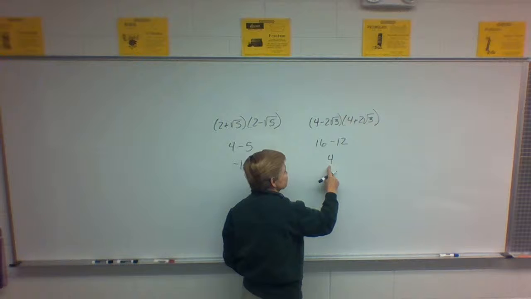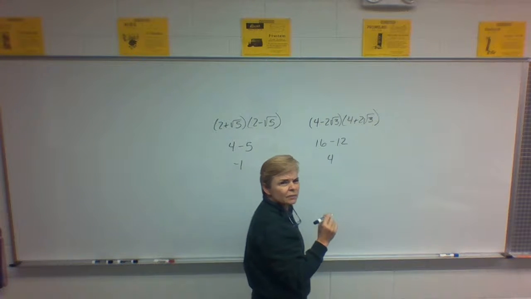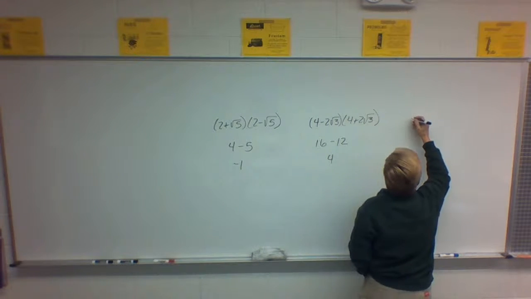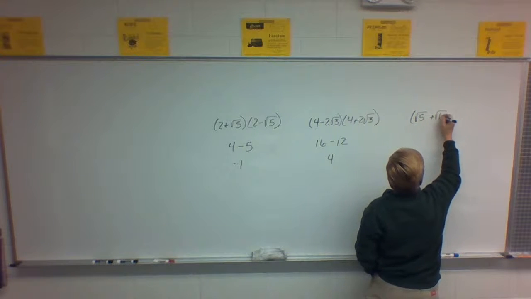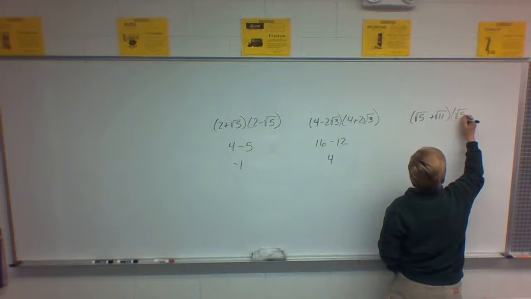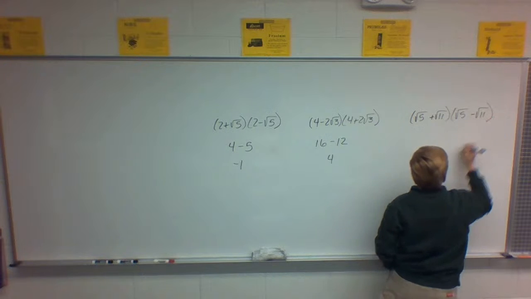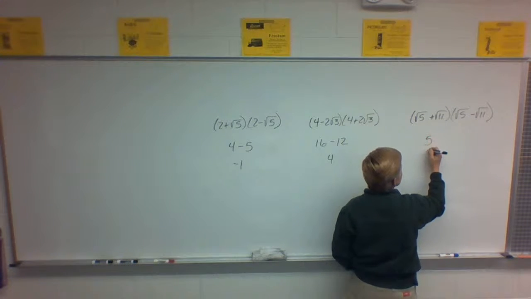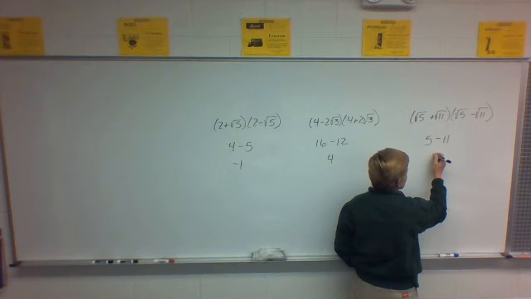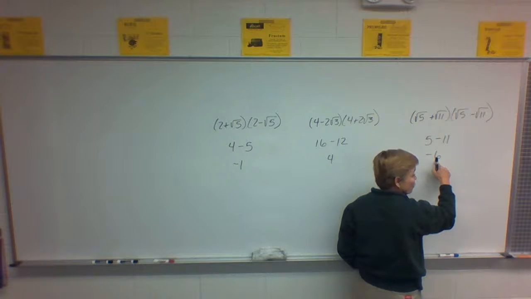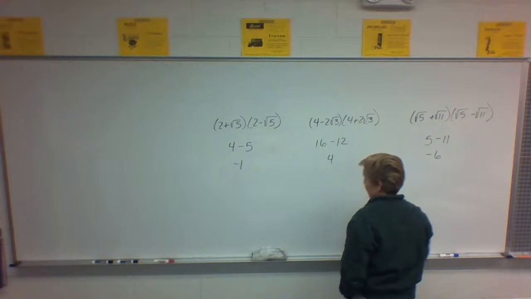No radicals. Let's try another one. What would root 5 plus root 11 and root 5 minus root 11 be? 5 minus 11, which is -6. Nice and rational. No radical symbols.